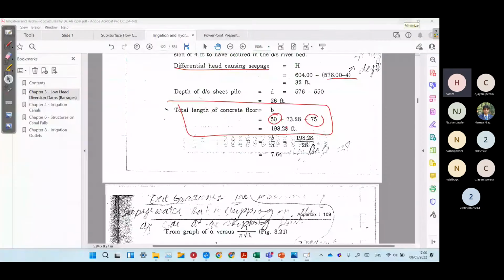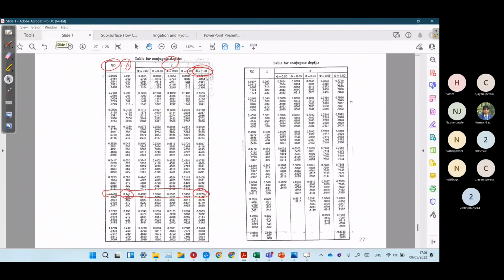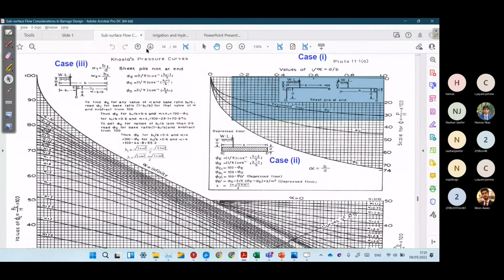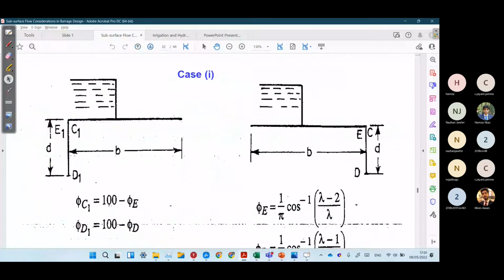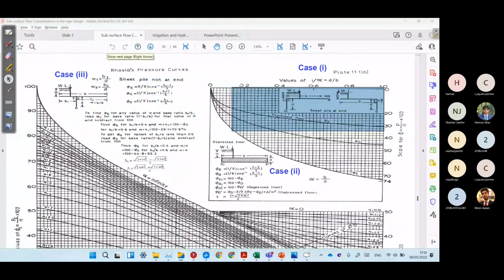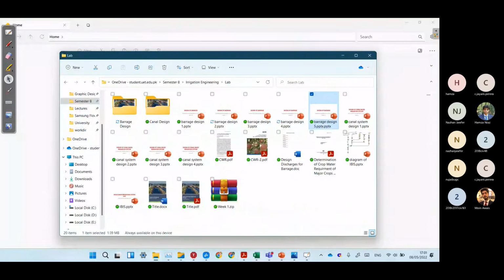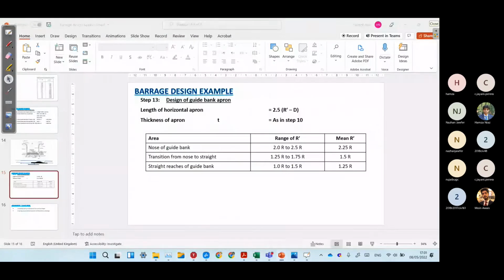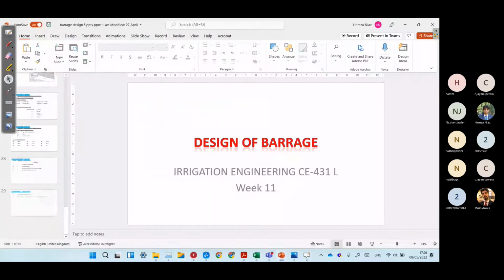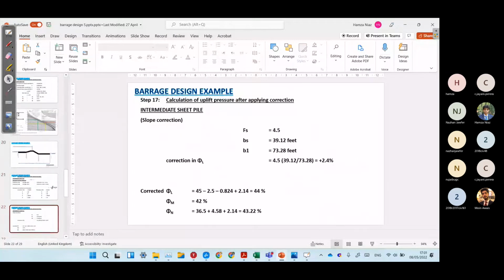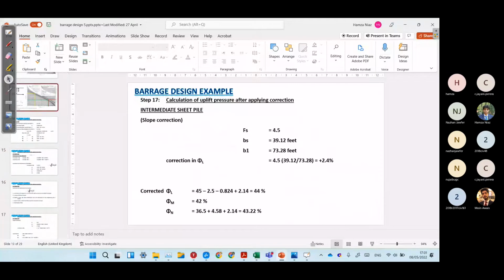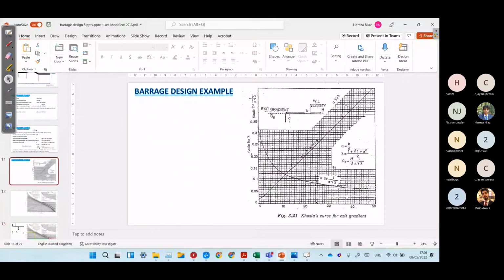Now if we move to the curve, we know this alpha value is 7.64.